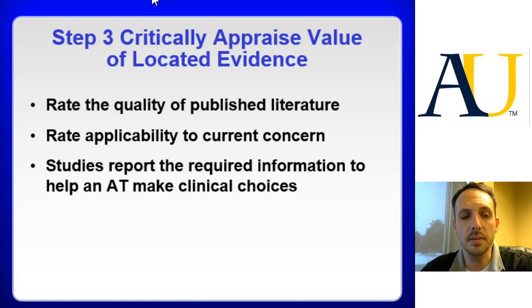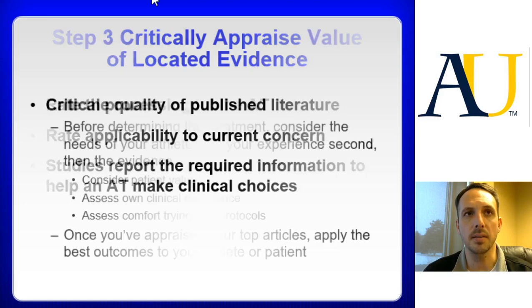And so the same thing occurs when we're looking at our evidence for evidence-based practice and our clinical decision making. We have to understand the quality and applicability. And sometimes this is referred to then as both the internal and external validity of the information. And we'll get into this critically appraising the literature more in the future as far as how to do this, as well as the categories.